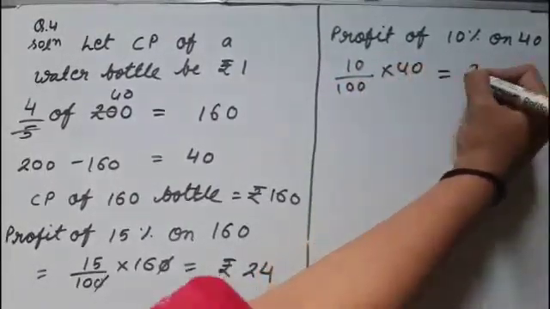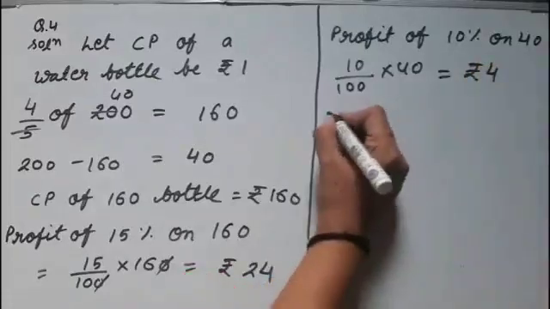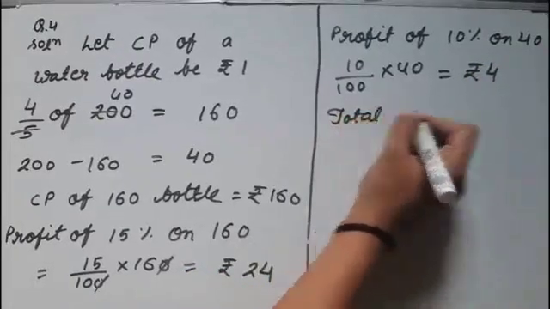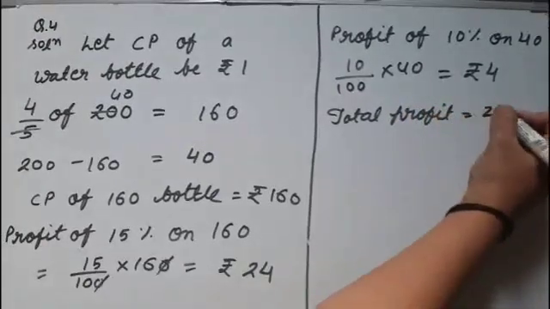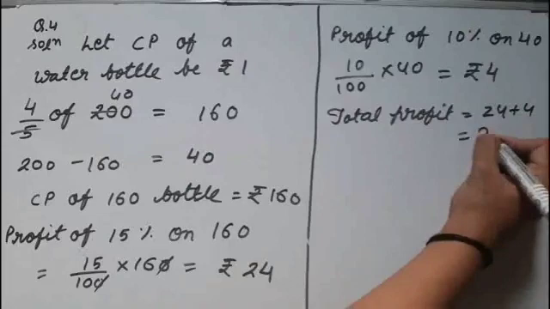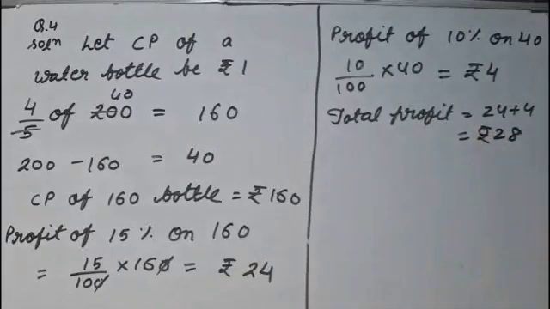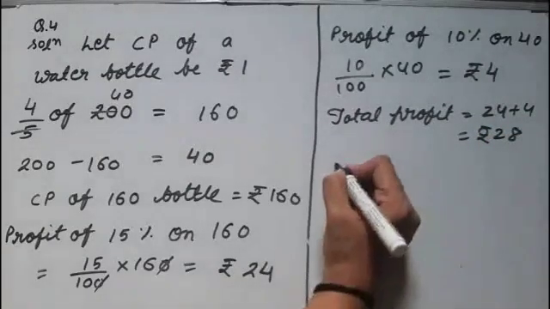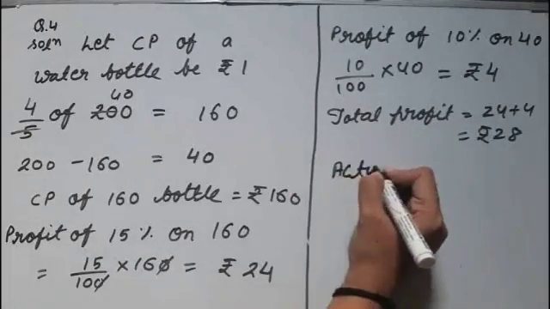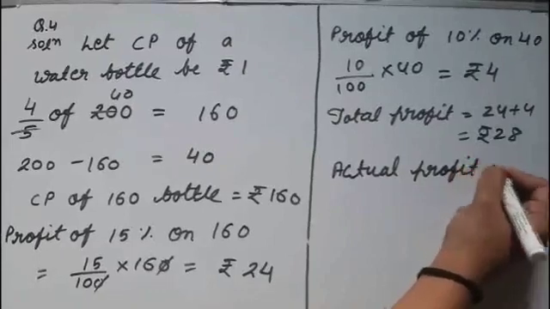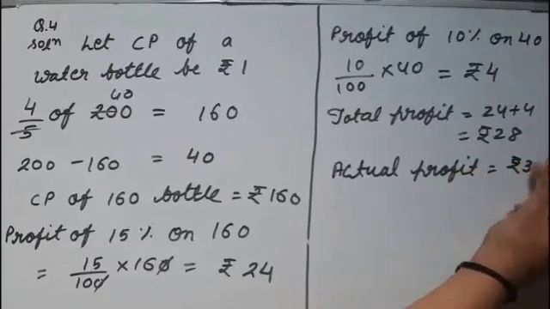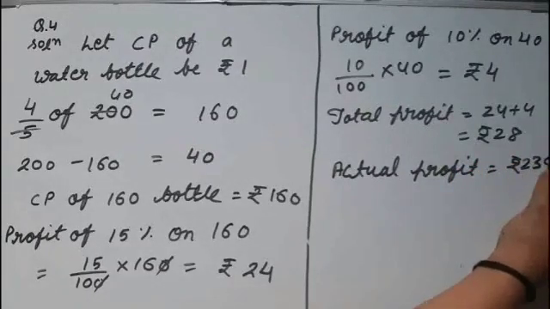So, profit is of rupees 4. Total profit is 24 plus 4, that is 28. But according to the question, actual profit is of rupees 238.